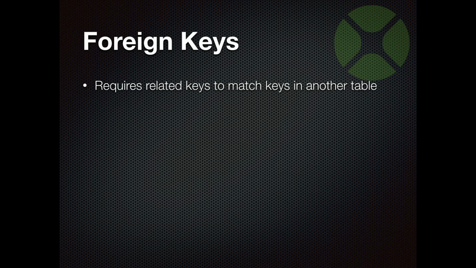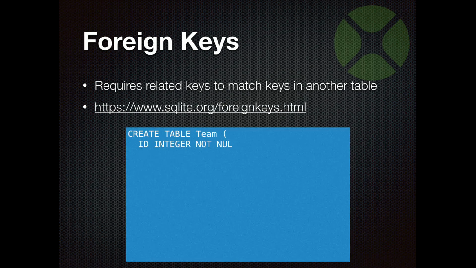That's great. But SQLite by default does not enforce any of that. So if I added a player and gave him a team ID of a team that didn't exist, SQLite wouldn't care. It would just insert that data in the table for you and go on its merry way. And then you kind of have a situation where your data is totally invalid. You've got a player that does not belong to any team, and that typically does not make much sense.